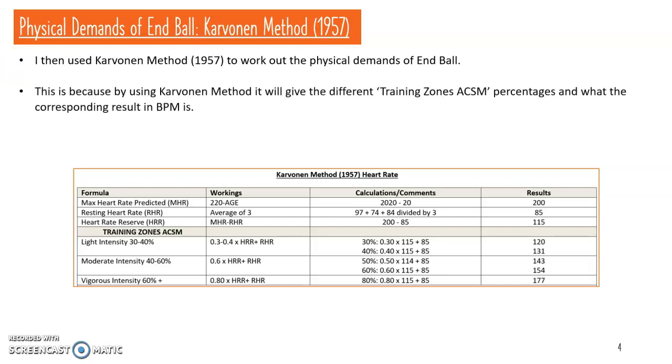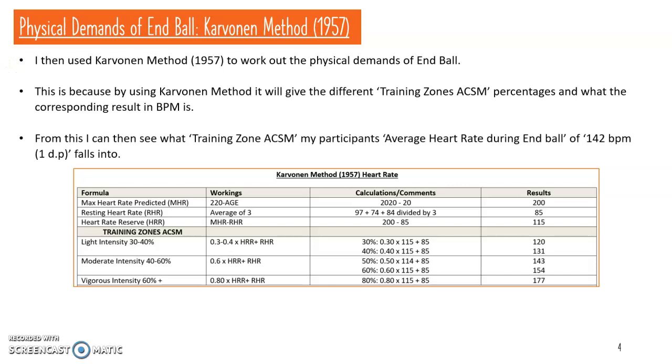This is because by using Cavron's method, it will give us the different training zones, percentages, and what corresponding results in beats per minute are. From this, I can then see what training zone my participants' average heart rate during endball of 142 beats per minute falls into. You can see the working out and methodology of this method below.